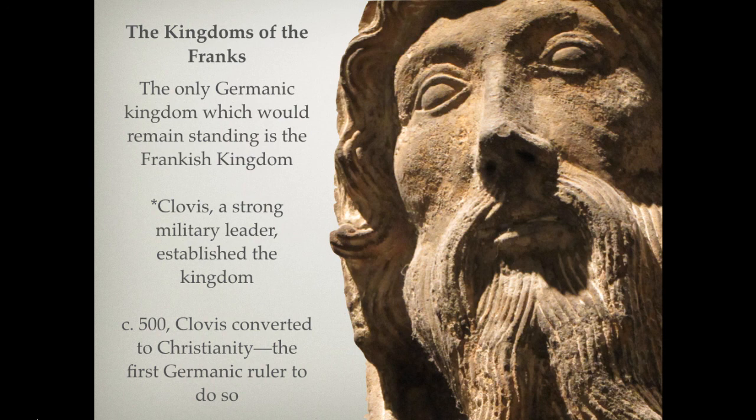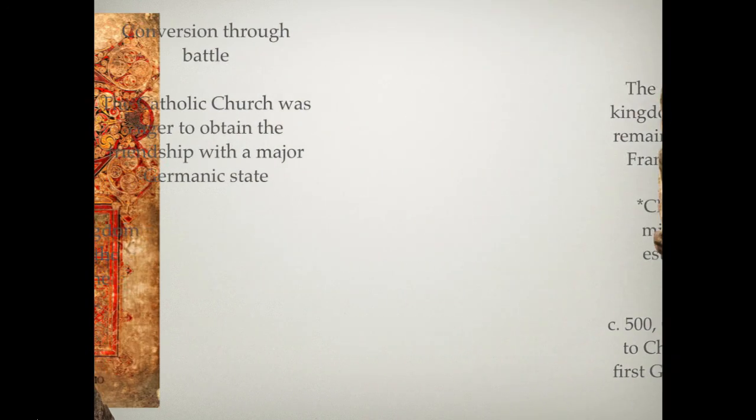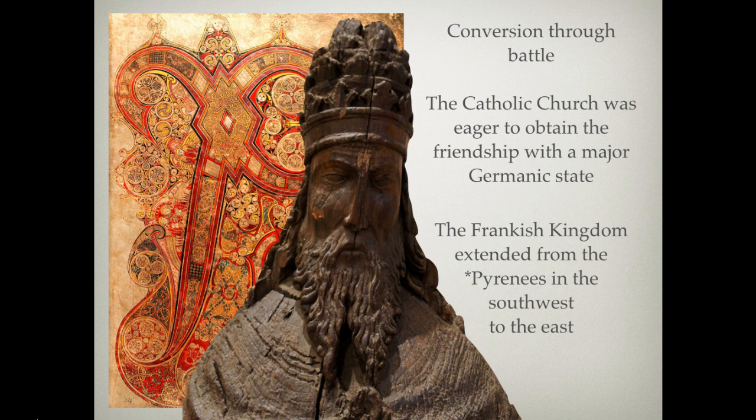Now, this is probably not an accident. I'm sure Clovis was not a fool and could see the political aid and political benefit and political power that might come with such an alliance developed through conversion, which is a trend that will occur throughout history.